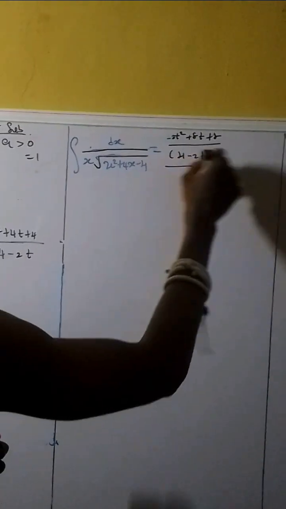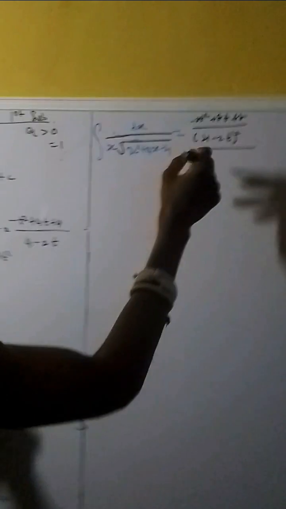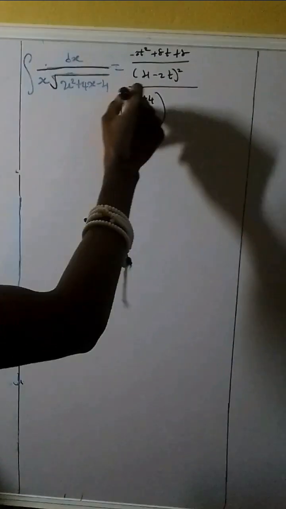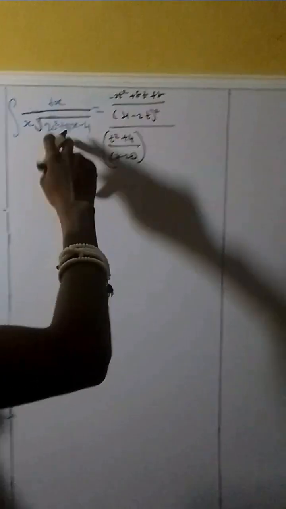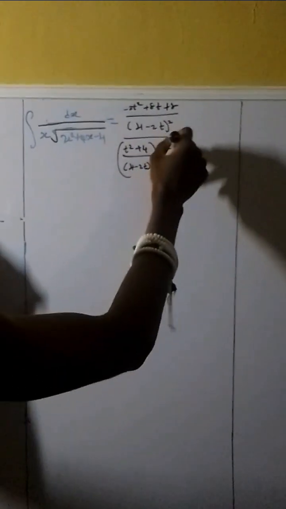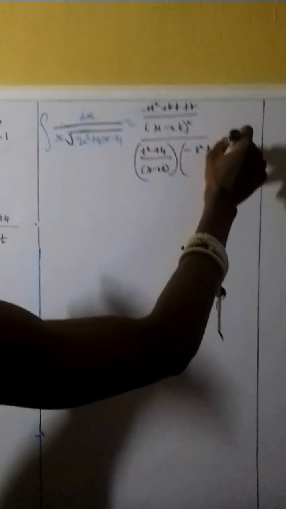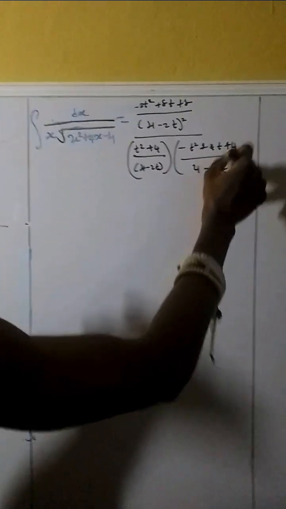Now divided by our x now is t squared plus 4 over 4 minus 2t. Then this gives us minus t squared plus 4t plus 4 over 4 minus 2t.